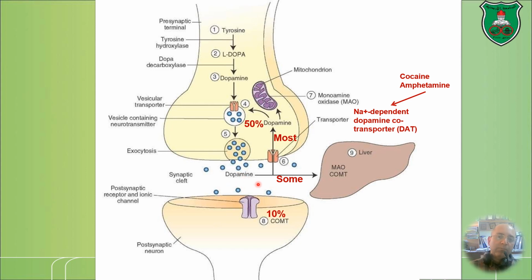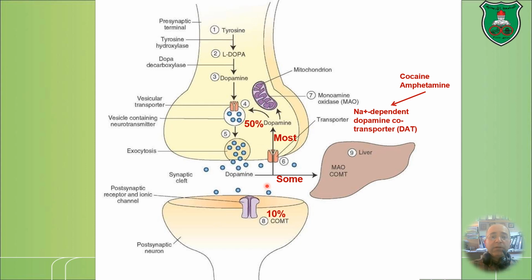Dopamine binds to a receptor على postsynaptic nerve, and then it has to be inactivated, and it gets inactivated by one, reuptake. Most of it would be taken up again by the presynaptic neuron, and inside cells it can be repackaged or it can be inactivated by monoamine oxidase in the mitochondria.